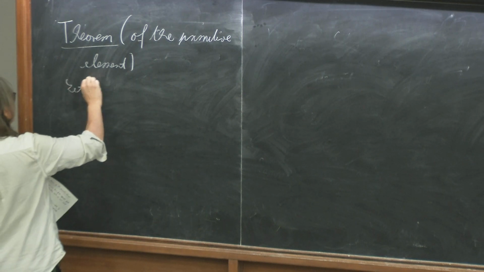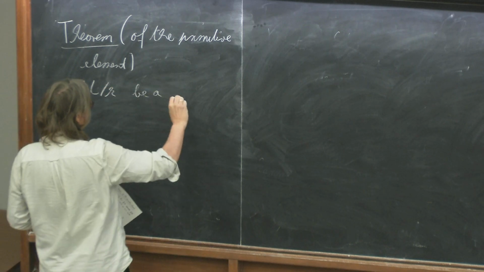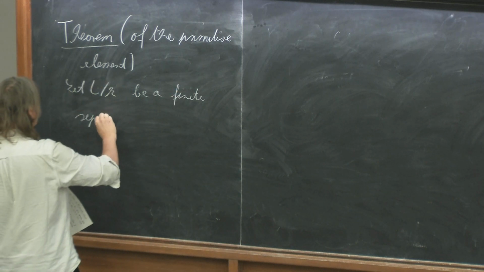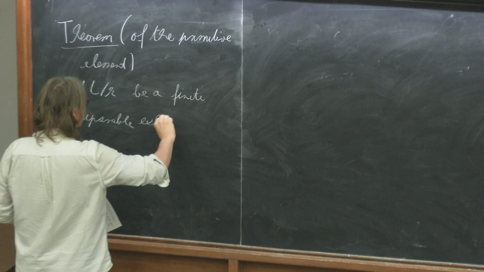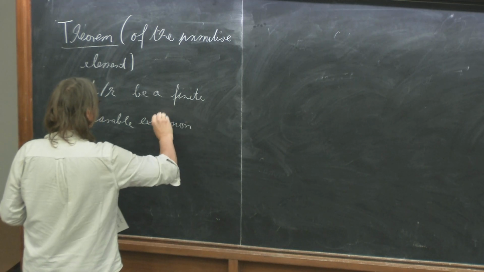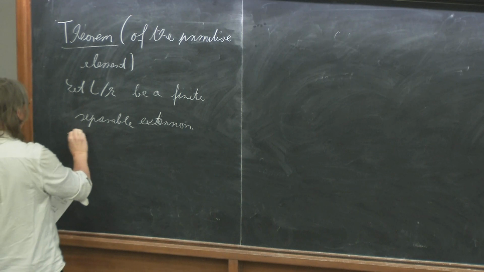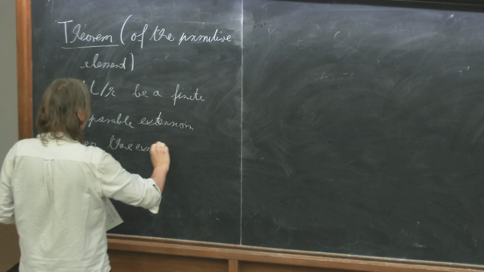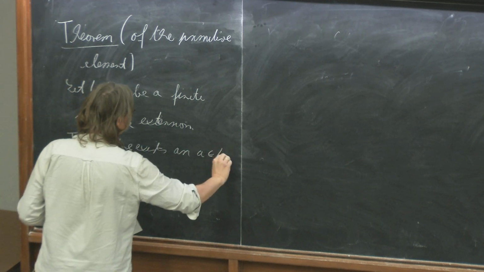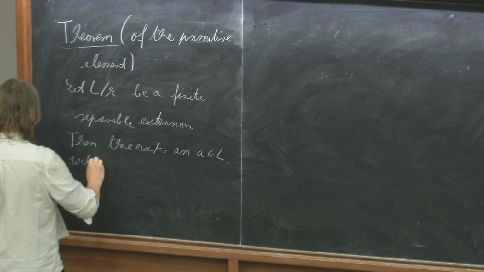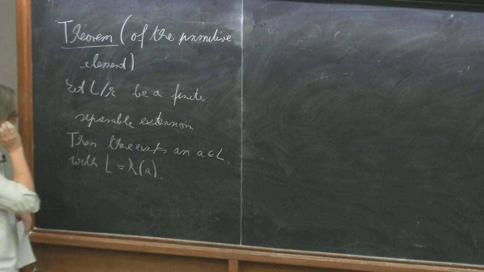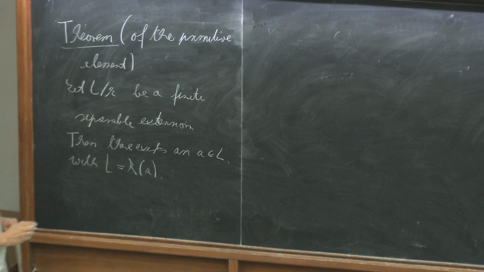Let L over K be a finite separable extension, then there exists an element A in L with L being K(A). Okay.